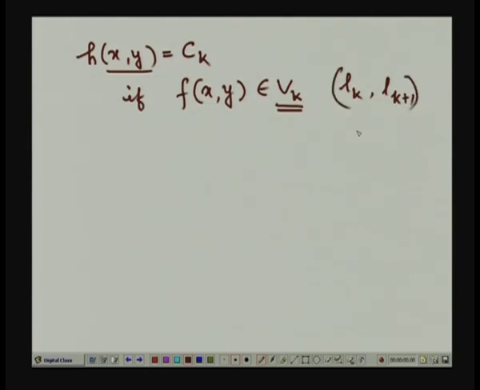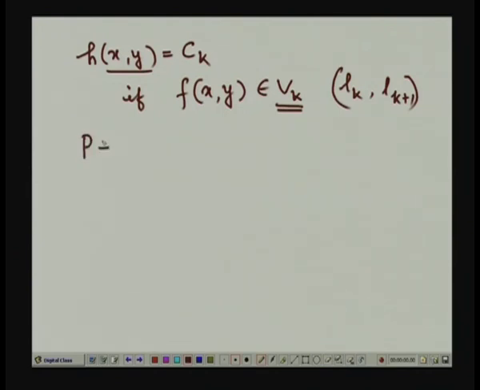As we said, there are p number of planes. These p planes will divide our intensity range into p plus 1 ranges or intervals.